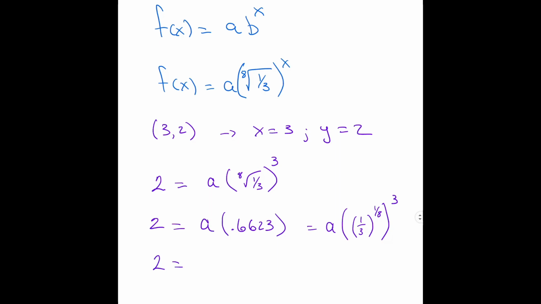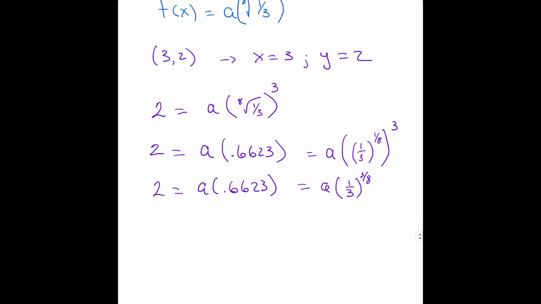So the exact number would be (1/3)^(3/8), but we don't need the exact number. We can use a decimal approximation. So 2 divided by 0.6623 would equal a.